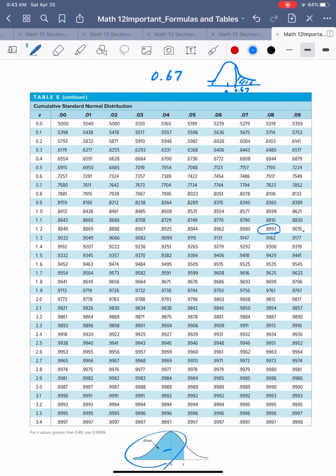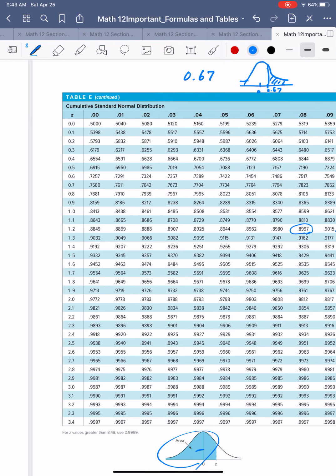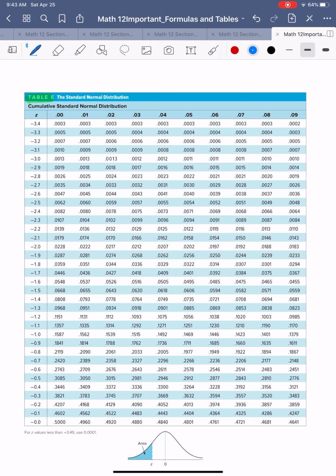If you look at the table to find 0.25, this is a 17, and I think this is close enough, right? So this is a negative 0.67, right?